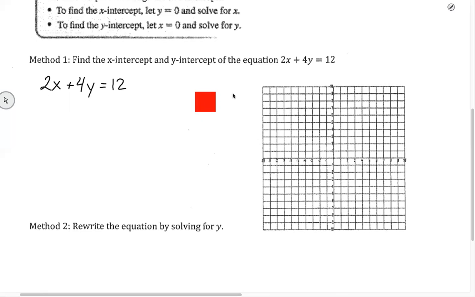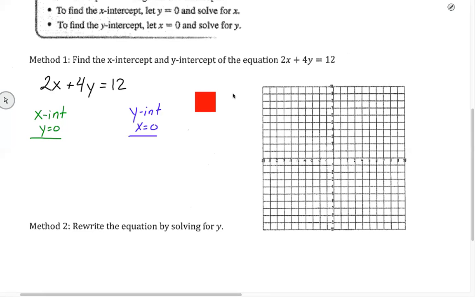We have 2 parts of my equation that I need. I need the x-intercept, which is where y is 0, and I need the y-intercept, and this is when x is 0.